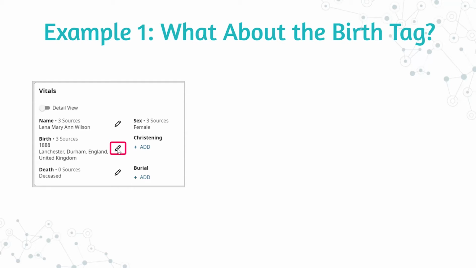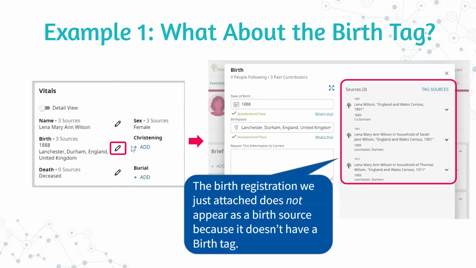I'm going to click edit, and it's going to show me the information here so far and all the tagged sources. Well, guess what? The source that we just added, that birth registration, doesn't show in the list because the tag was not there. We couldn't add the tag. So let's go do that.